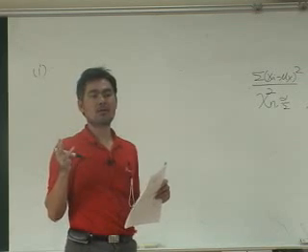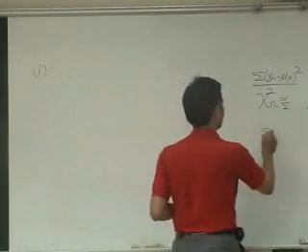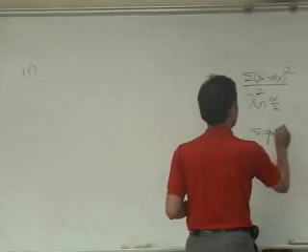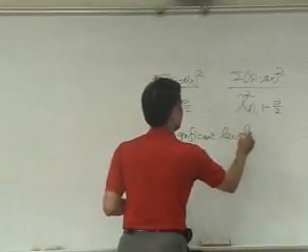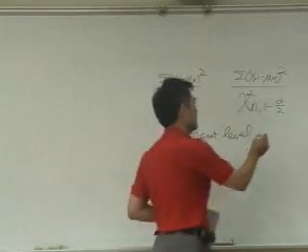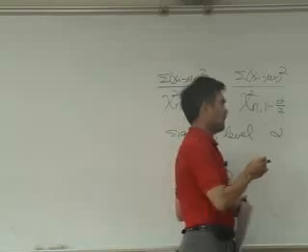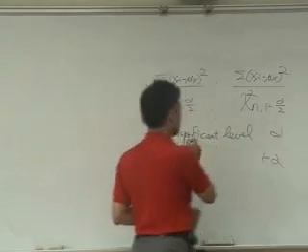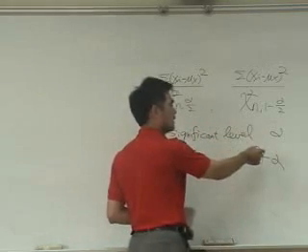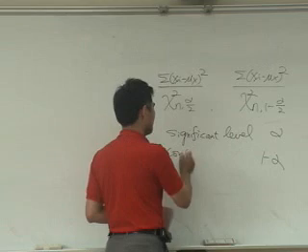For the third part, you need to set up a significant level. Significant level is alpha. Generally, we're going to set up a 95% confidence interval. So if the significant level is alpha, then the confidence level is 1 minus alpha.